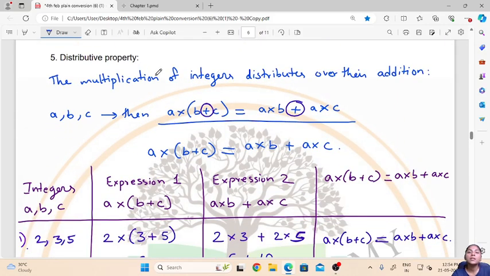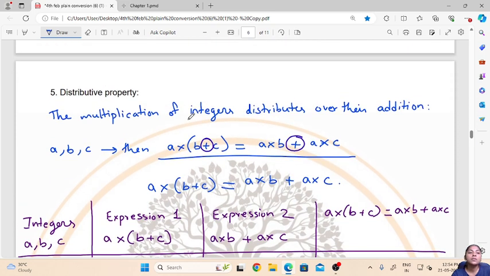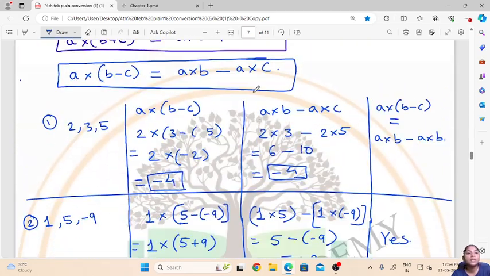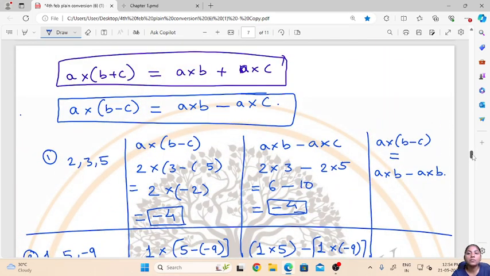Then the last one, we have seen the distributive property, in which for any three integers a, b and c, a into b plus c is equal to a into b plus a into c. Then we have also verified this in case of subtraction. So in the same way for any three integers a, b and c, a into b minus c is equal to a into b minus a into c. So this is all for this class.